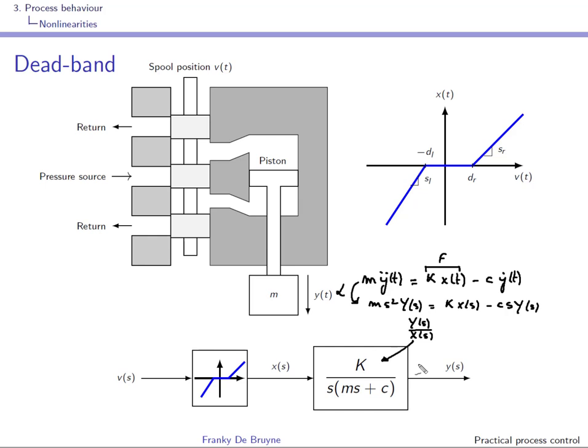It has nothing to do with the concept of a deadband. Here we illustrate that the dynamics from spool position to output is nonlinear, and that you have a nonlinearity at the input, which is precisely a deadband, and that's the concept we're illustrating. But after this input deadband we have dynamics of this type over here.